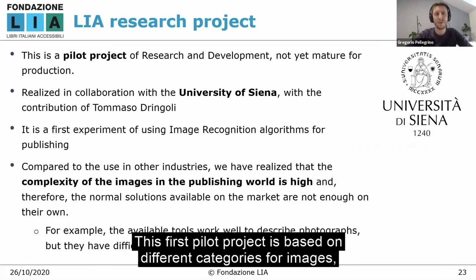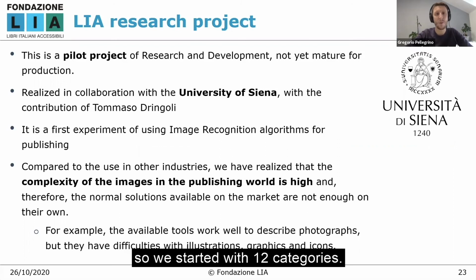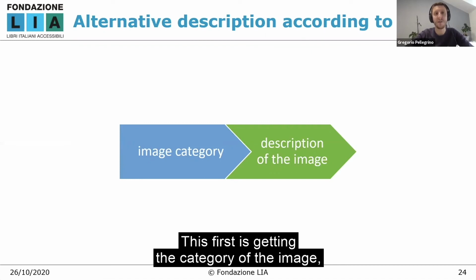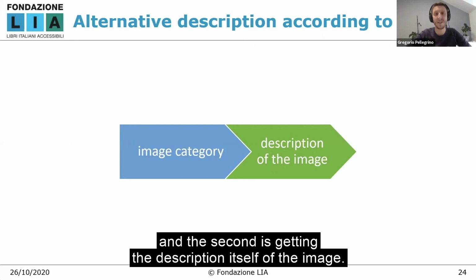This first pilot project is based on different categories for images. So we started with 12 categories, and we split the problem of describing an image in 2 parts. The first is getting the category of the image, and the second is getting the description itself of the image.